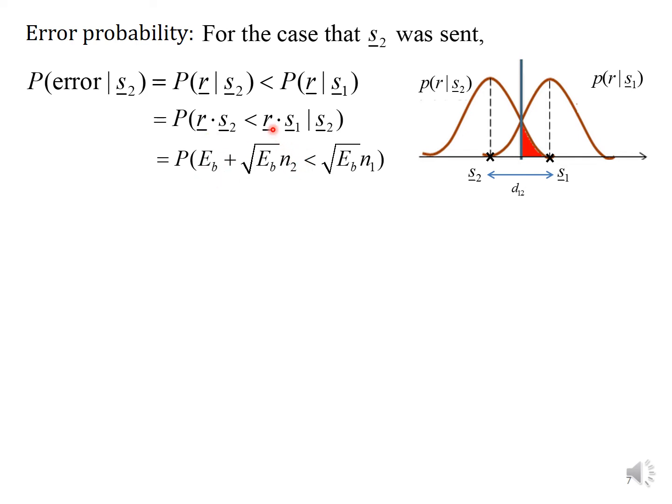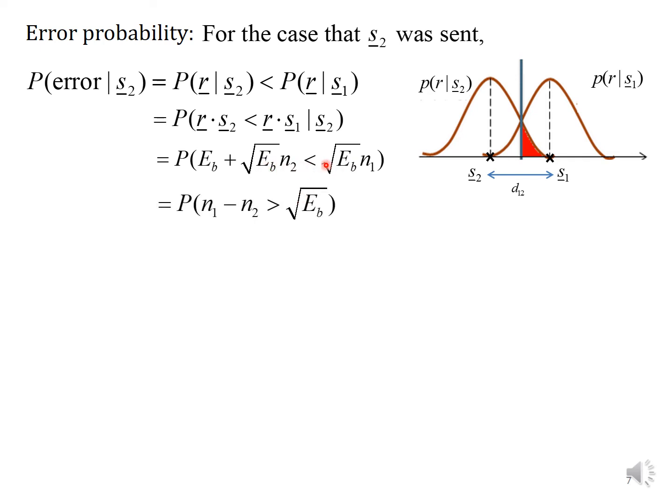The inner product of R with S1 would be this, because R has energy on phi 2. So when this inequality occurs, that makes the error case.